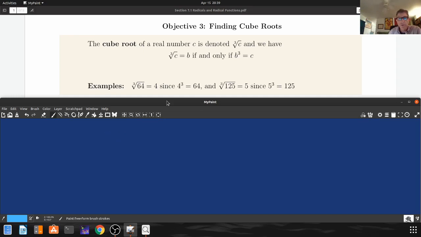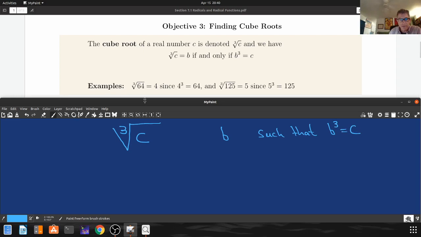So the cube root of a number c, and that is denoted this way immediately, is another number b, and I'm not saying b greater than or equal to 0, such that b cubed is equal to c.